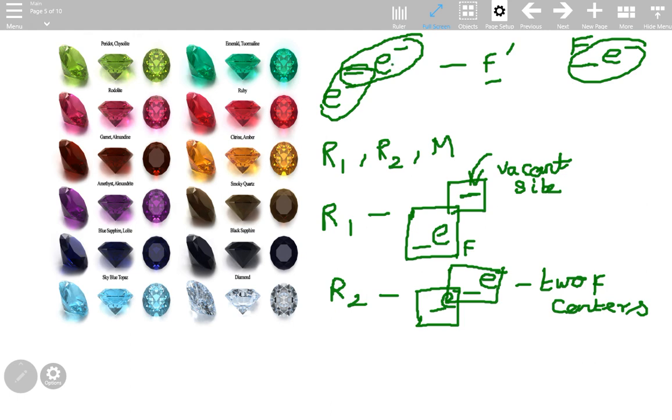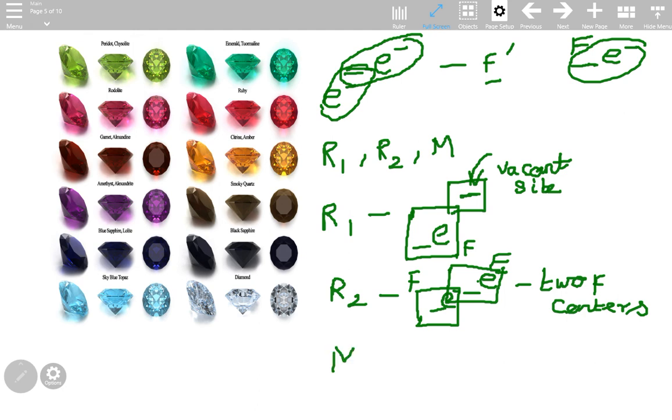One single site attracts two electrons here, whereas here each vacant site attracts one electron, and here one vacant site attracts one electron. So there are two F centers. This is one F center and this is one F center, not like above. So don't get confused. Two F centers combined make the R2 center.